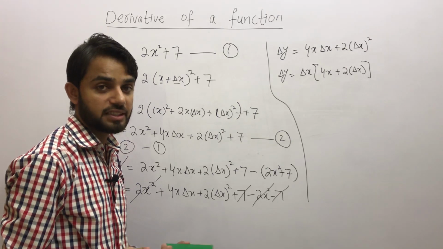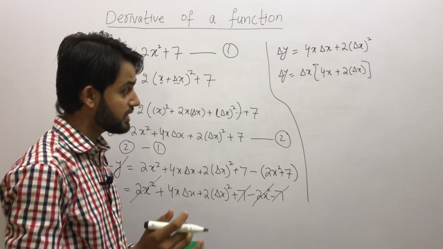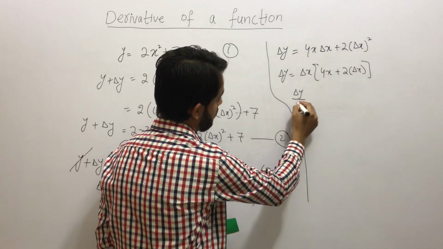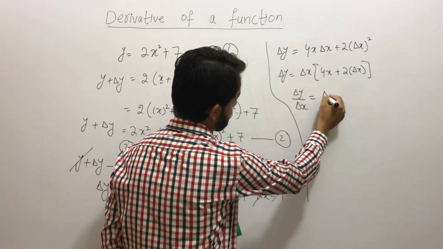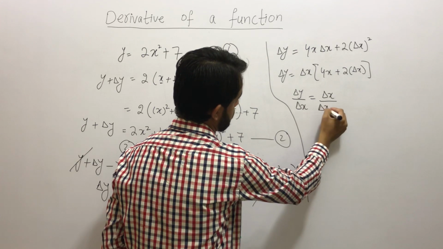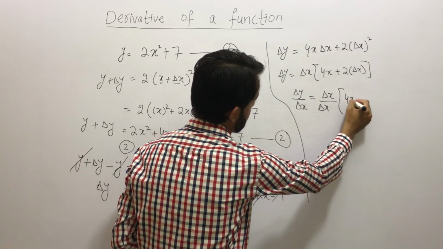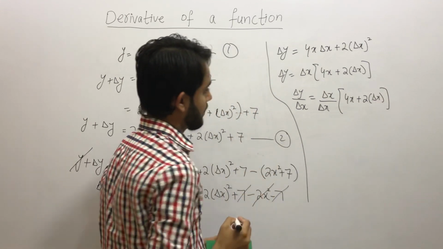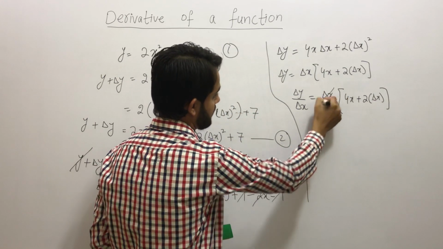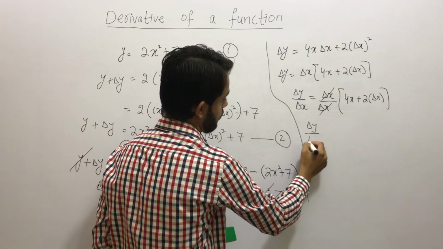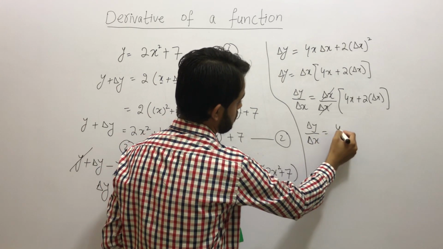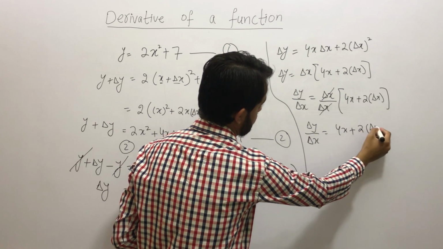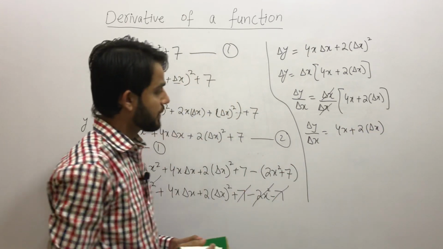Okay, so derivative is, like I said, the slope, change in y over change in x. So we will divide on both sides by delta x, and then this delta x cancels with this delta x, and we have delta y over delta x equals 4x plus 2 times delta x.